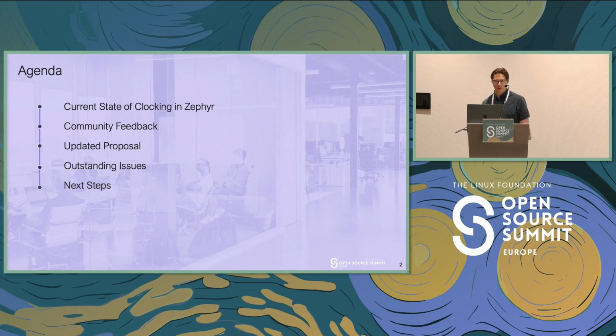Then we'll discuss the community feedback to that initial proposal, then the updated proposal and what that looks like, the outstanding issues I see that we still realistically need to solve to get this moved forwards, and the next steps we need to take, whether that looks like merging this or doing a couple of initial implementations to make sure it really works before we commit to this API.